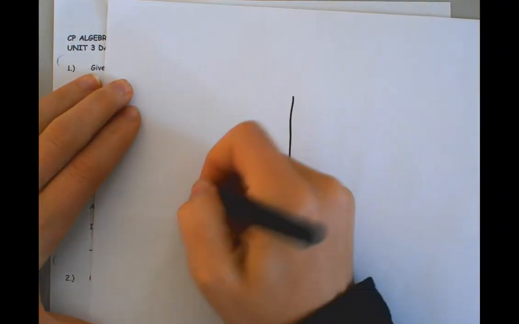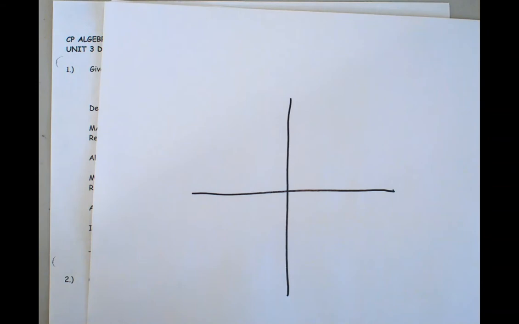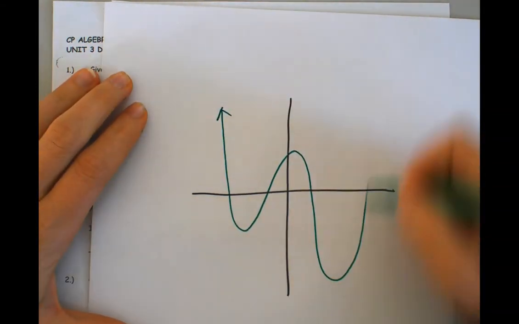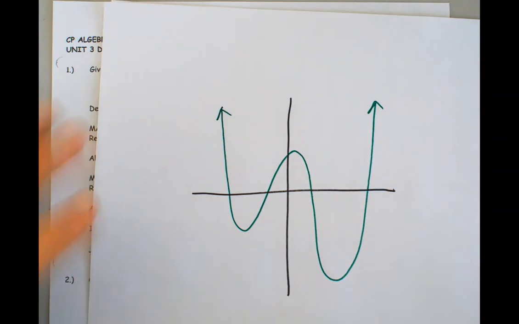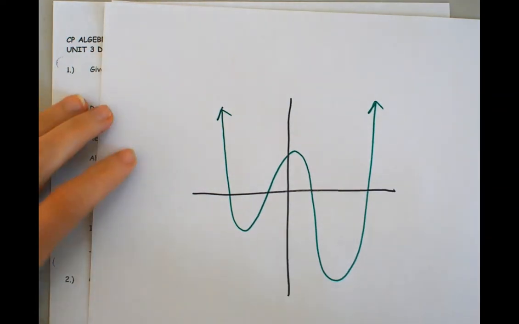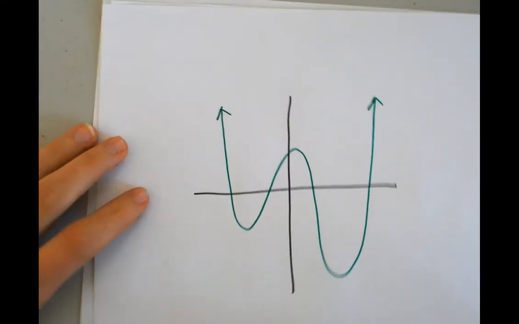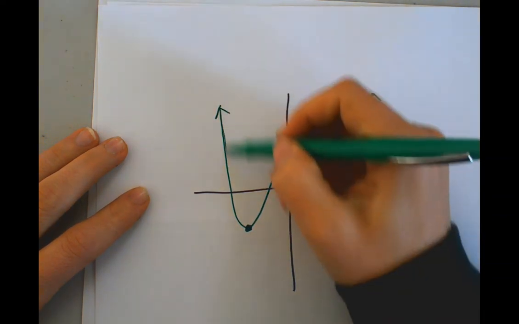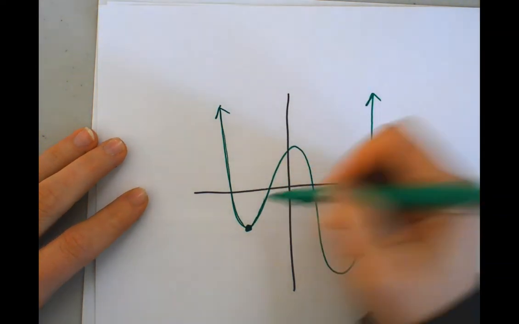If I had a graph, so like here's my graph paper, and I have a graph that looks like this. So if we think about a relative minimum, this point is considered a minimum because it has gone down, changed directions, and started going back up.